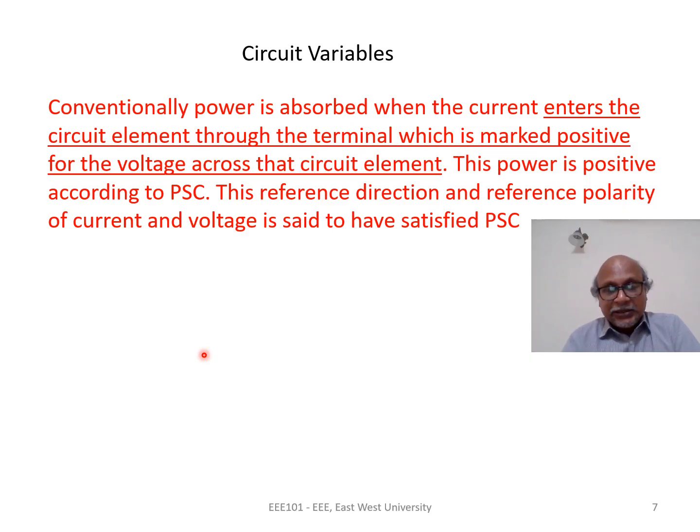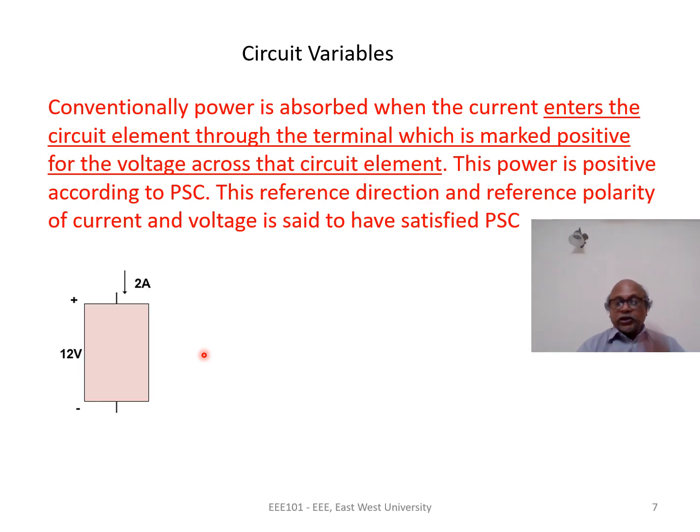If the current enters the circuit element through plus of the voltage, then conventionally power is absorbed. If the current enters the circuit element through minus of the voltage, conventionally power is supplied. When convention says power is absorbed, we say that that reference polarity and reference direction satisfy PSC.